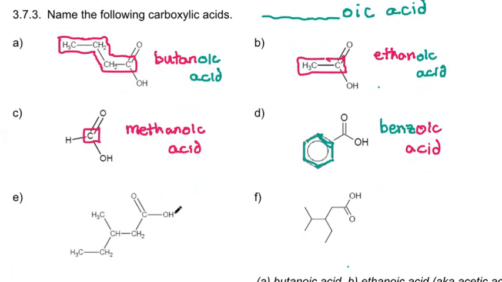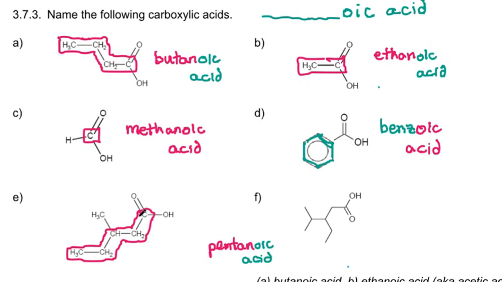Okay, here we have a carboxyl group, and our primary is 5 carbons, which we would ordinarily call pentane. But I'm leaving the E off, and we're going to call it pentanoic acid.